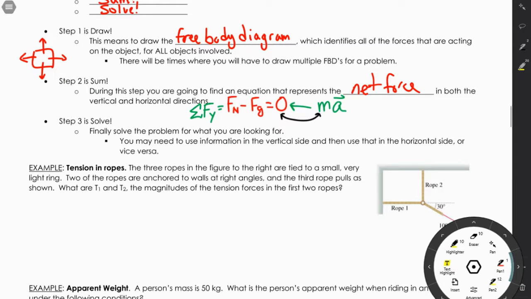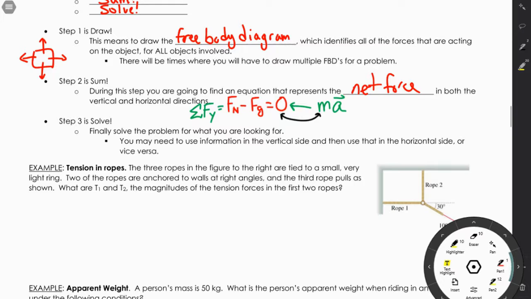Sometimes you'll need the vertical side to plug into the horizontal side. That's very common when you have friction problems, because you need the normal force on the vertical side to do anything with the friction on the horizontal side, or vice versa, depending on the situation.